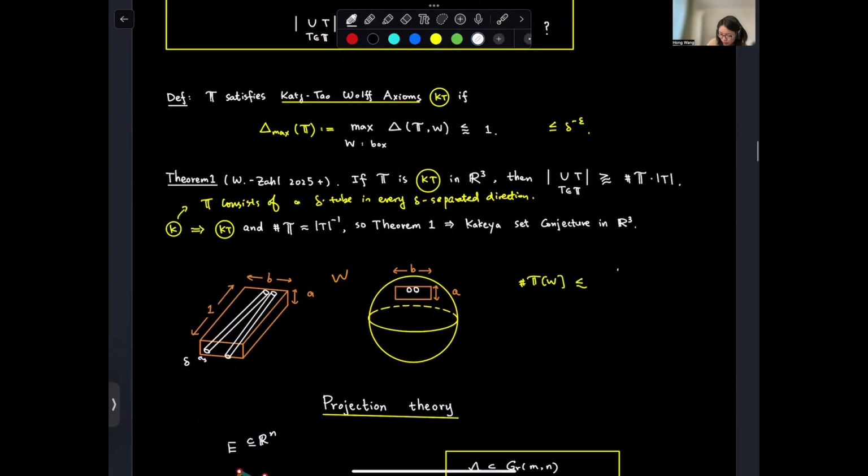So this is bounded by AB over delta squared, which is W over T. And this implies that the density of T in W is less than 1.